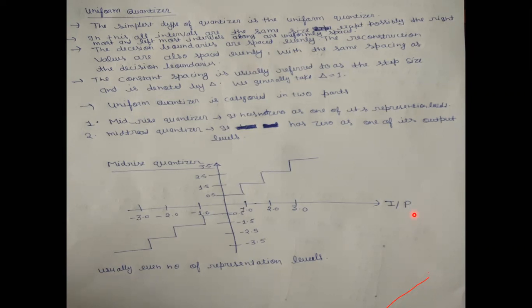That is why in the mid-rise quantizer we do not include 0 as an output value. So we start from 0.5, then 1.5, again 2.5, again 3.5 as the output values that the decoder generates. It does not include 0 as an output value in the mid-rise quantizer.